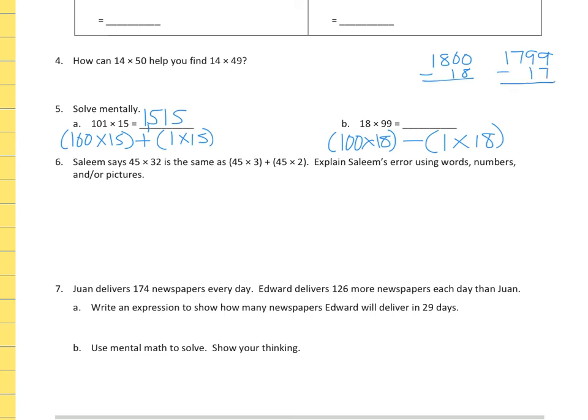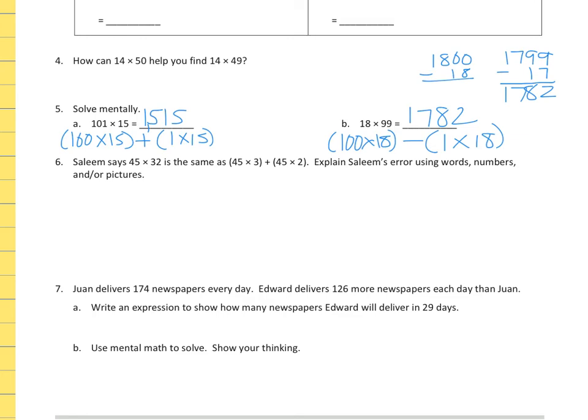And now we subtract. Now we don't have to borrow at all. We can go 9 minus 7 is 2. 9 minus 1 is 8. 7 minus nothing is 7. And 1 minus nothing is 1. So you have 1,782.